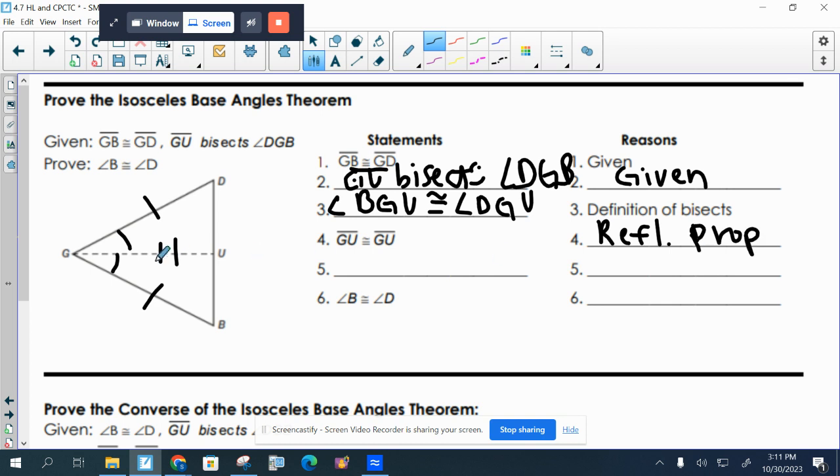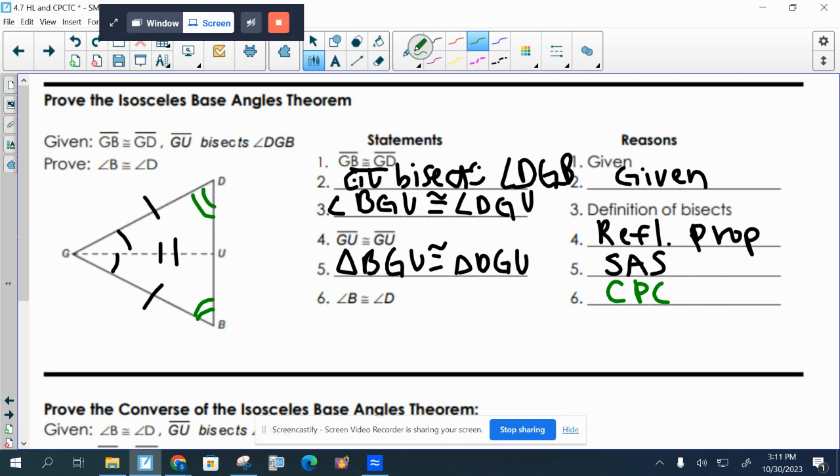And then you can say the triangles are congruent. So we'll do BGU and DGU. And that is side angle side. And then angle B, and once you prove the triangles are congruent, you can use CPCTC to show that the second angle is congruent.